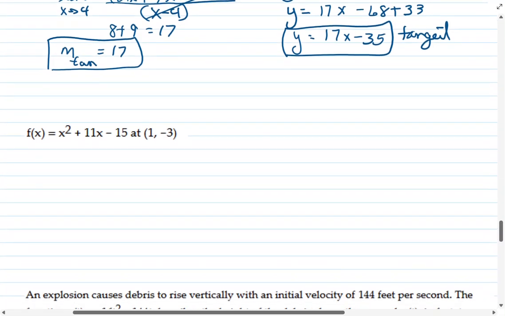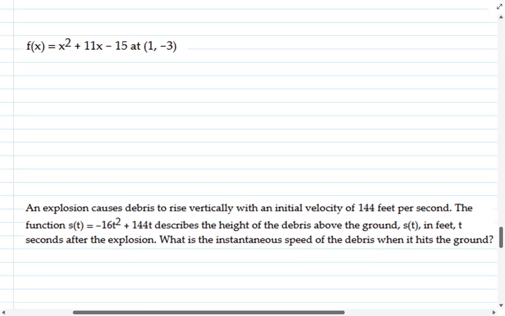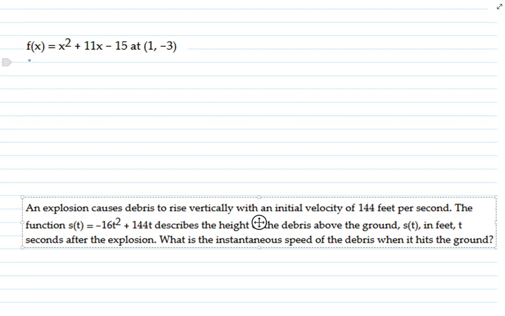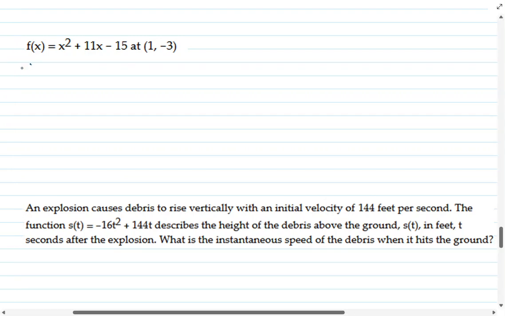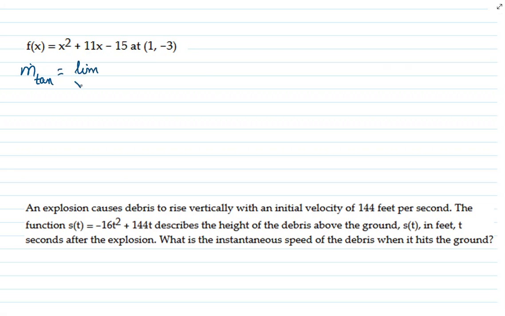Okay? We have another one. It's another quadratic. They're not going to get any harder than this. So we know that we need the slope of our tangent, which is the limit as x approaches 1 of f of x minus f of 1 over x minus 1.